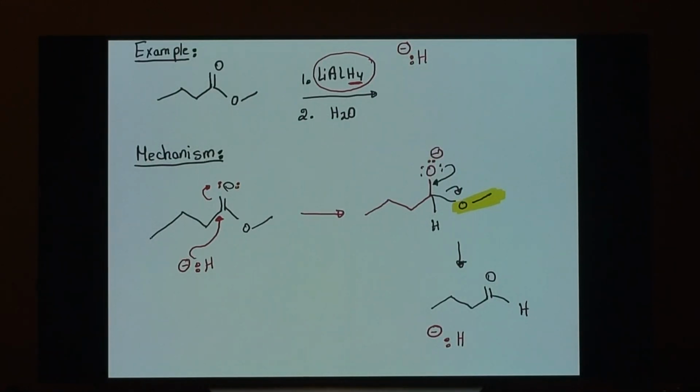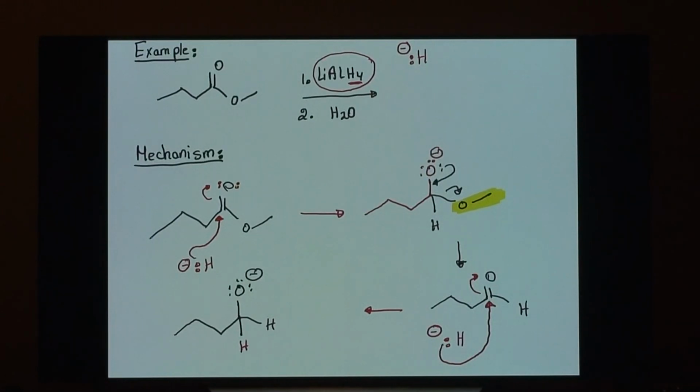This is going to attack the carbon and form a negative charge. Now notice here I'm going to have the 2 hydrogens. This is the second hydrogen there. I'm done. I don't have any carbonyl anymore.